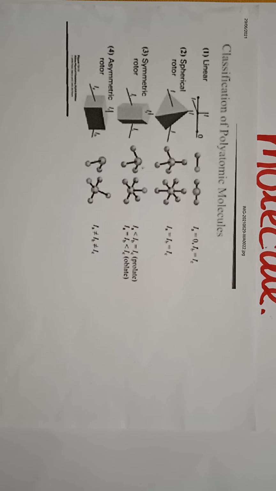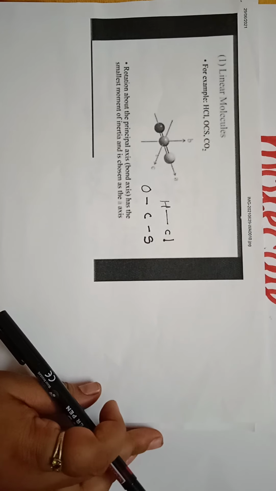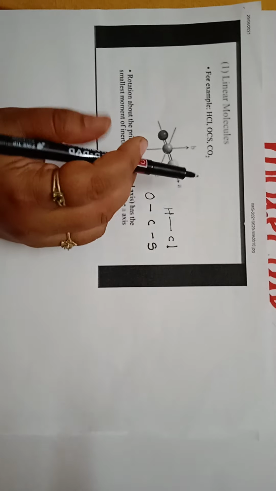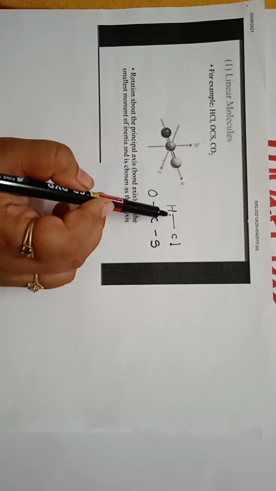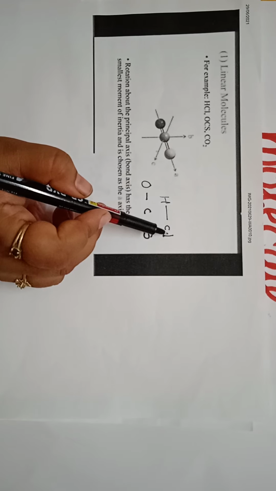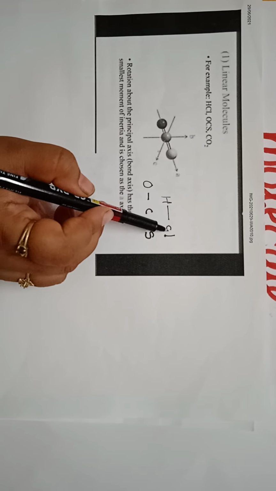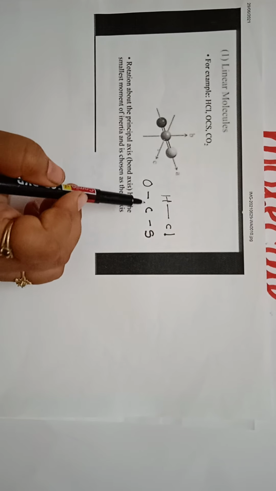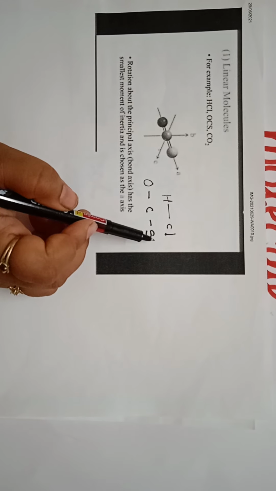First we see the linear molecule. In this molecule, all the atoms are arranged in a straight line, such as hydrogen chloride or carbon oxysulfide, OCS.